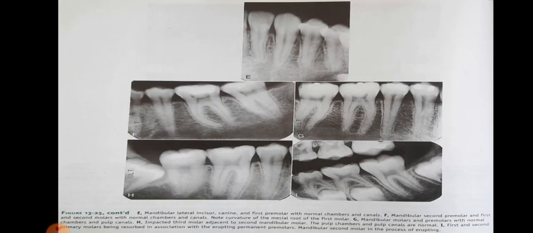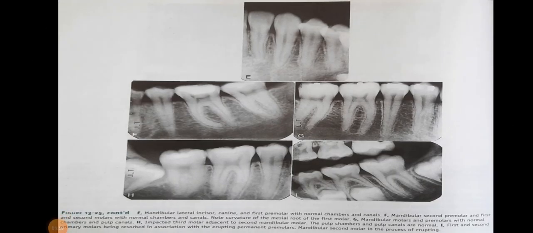In pictures 13.25 E through I, picture E is showing the mandibular lateral incisor, canine, and first premolar with normal chambers and canals, right? And picture F is showing the mandibular second premolar and first and second molars with normal pulp chambers and canals.